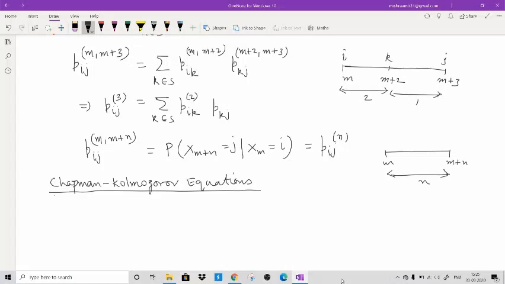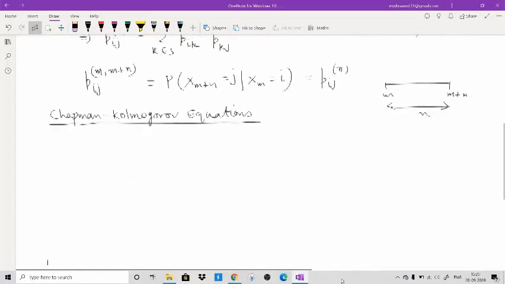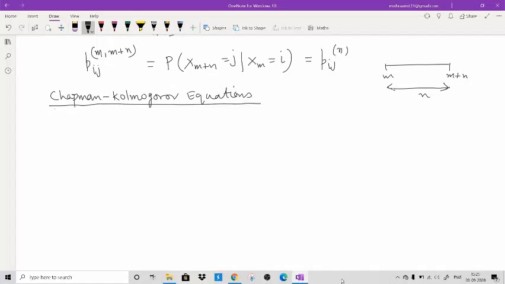If you focus upon them, for example, if I want P_ij in m+n steps, what will it give you? It will give you the summation over k belonging to S. You move from i to k in m steps, then you move from k to j in n steps. So this is for the time homogeneous Markov chain, and these are the Chapman-Kolmogorov equations for that.